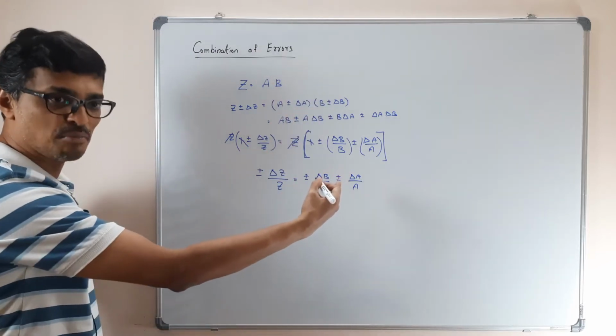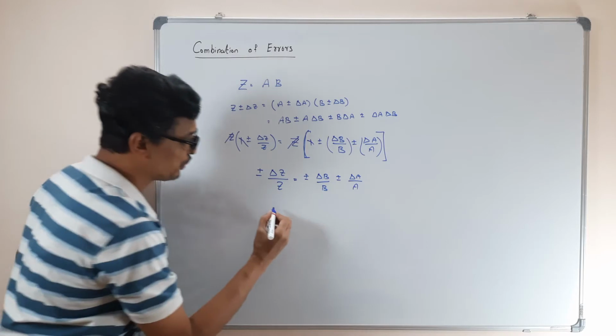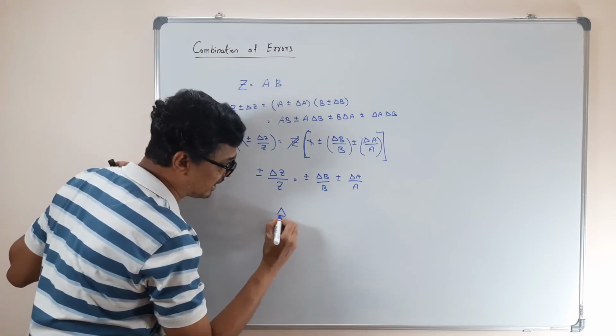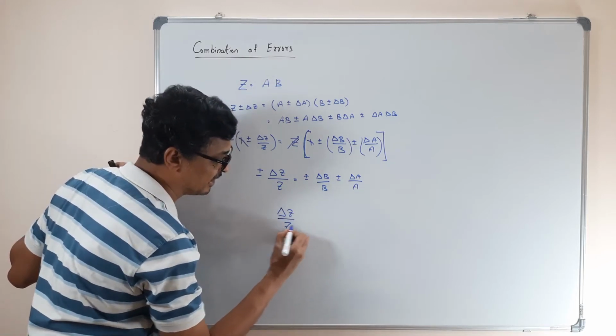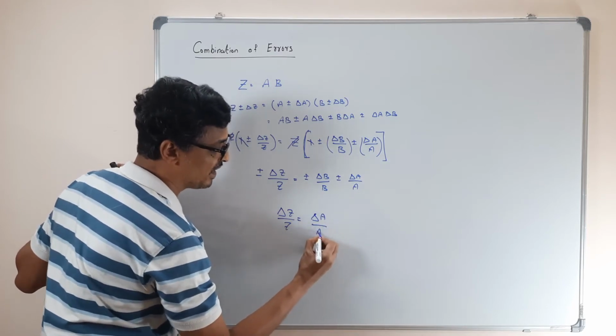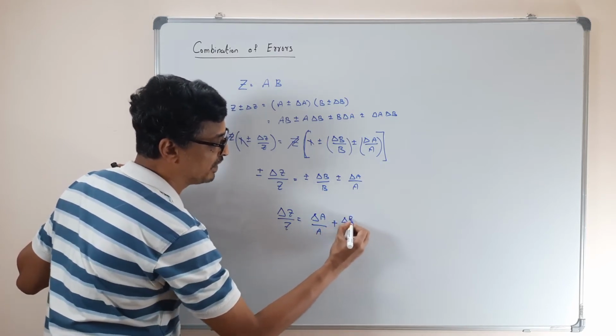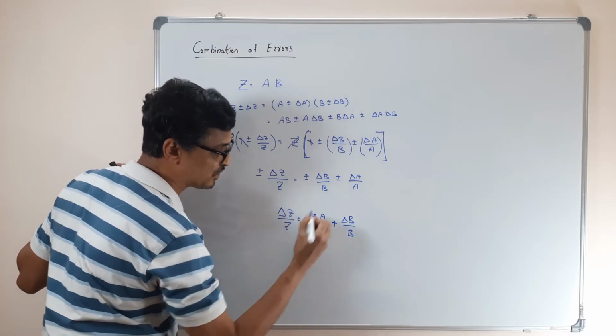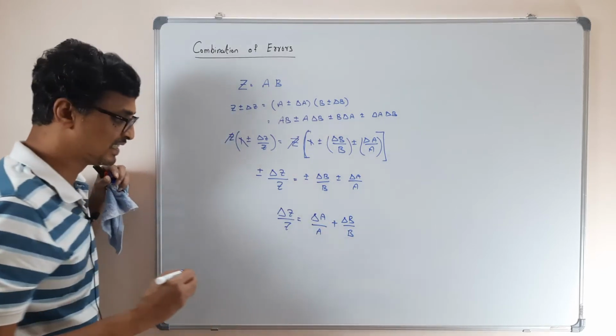You have to take the maximum magnitude. Okay. So therefore, delta Z by Z will be delta A by A plus delta B by B, and that's going to have the maximum magnitude. So this is the error.